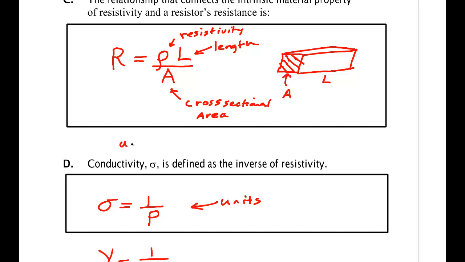So the units are ohm meters. So the inverse of this would be ohm meters to the -1, which of course would be a mho per meter, although you don't tend to see mho per meter very often. You tend to see it written like this, inverse ohm meters.